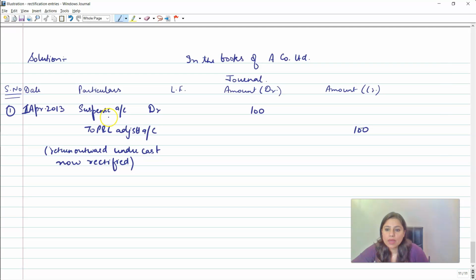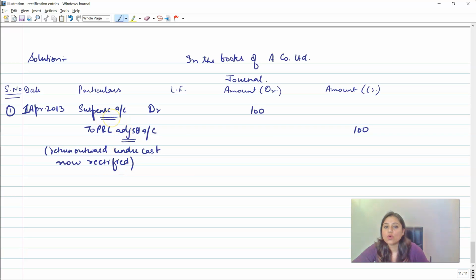So you're understanding why we debited the suspense account, as the adjustment entry has to be passed through the P&L adjustment account, and the purchase return or the return outward book cannot be credited with the undercast or the rectification entry.